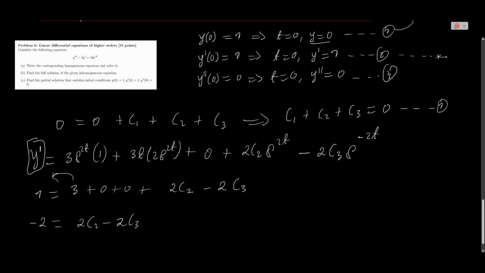Dividing all through by minus 2, we have c3 minus c2 equals 1. So this is our second equation. Then we're going to use the third condition to look for our last equation.